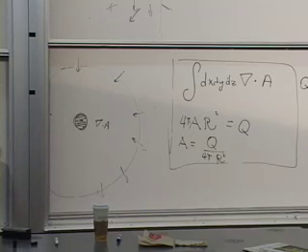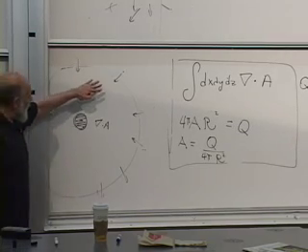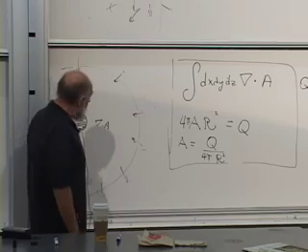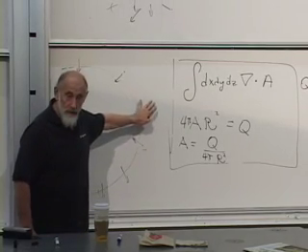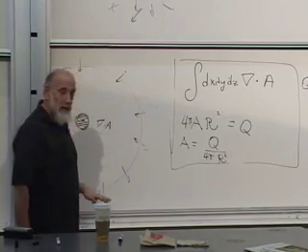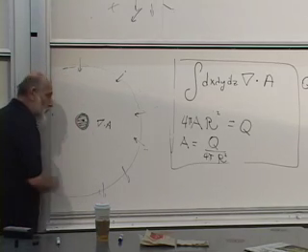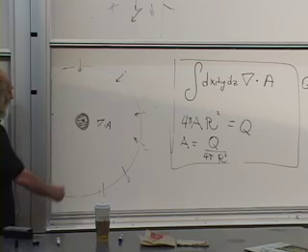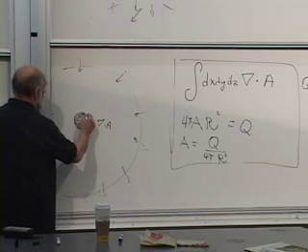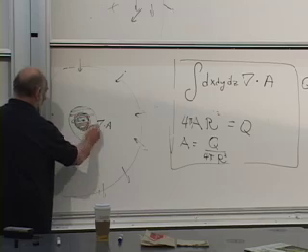Newton's theorem in the gravitational context says that the gravitational field of an object outside the object is independent of whether the object is a point mass at the center or whether it's a spread out mass this big.